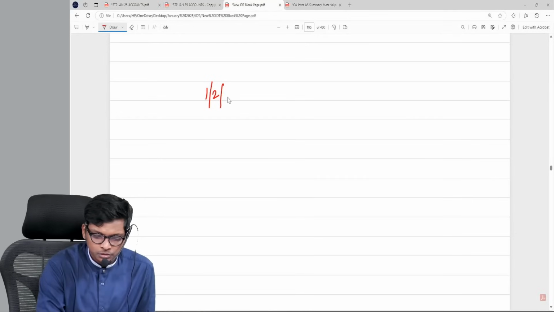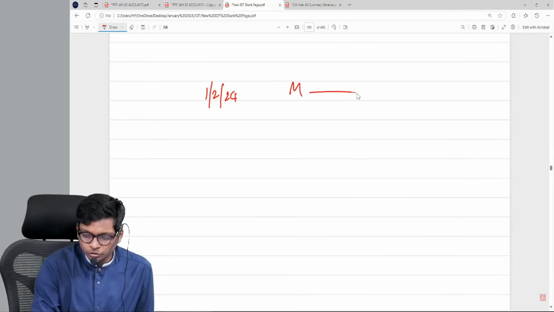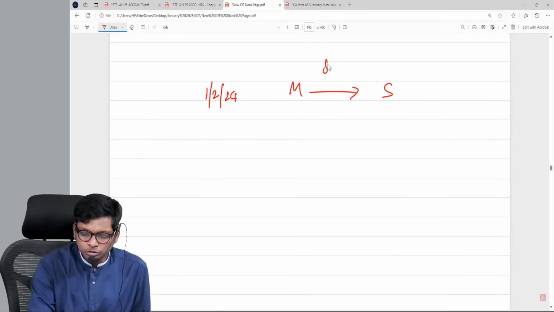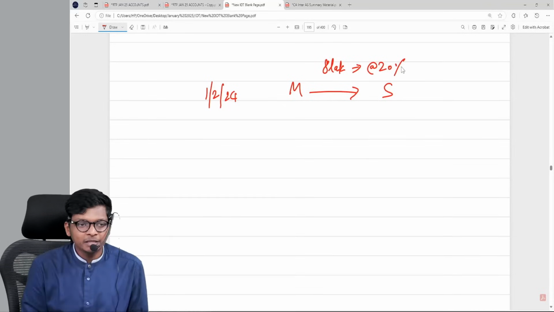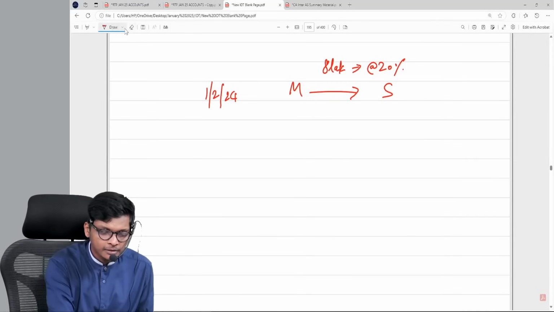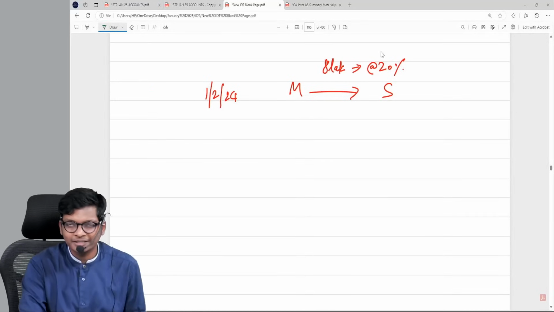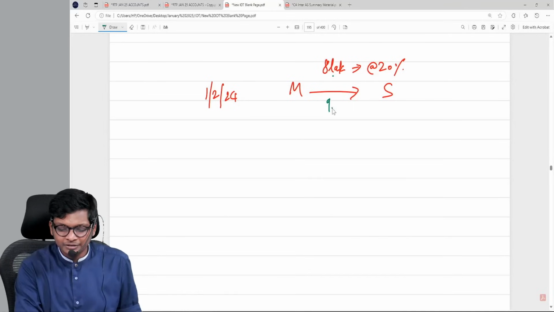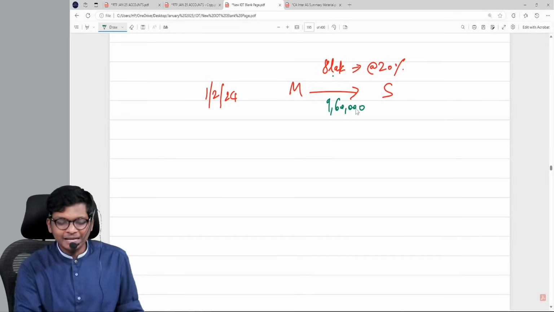M sold to S goods costing 8 lakhs at a profit of 20%. That means 8 lakhs plus 20%. How much will you get? Without calculator, guys. 8 lakhs and 10% is 80,000, so 20% is 1 lakh 60. So the selling price will become 9 lakh 60.